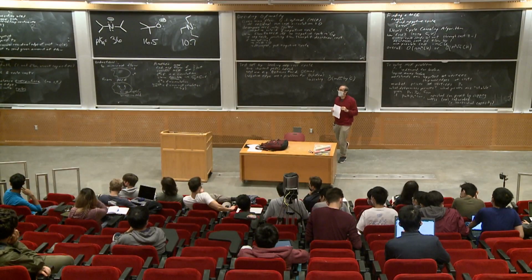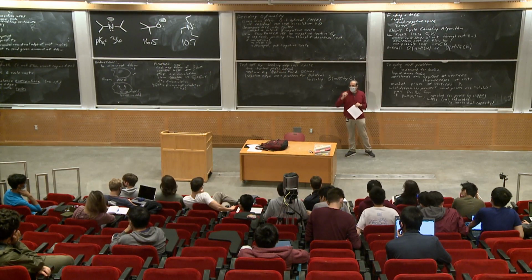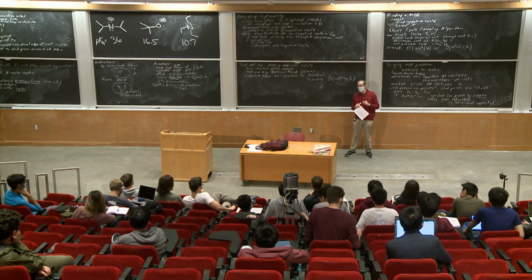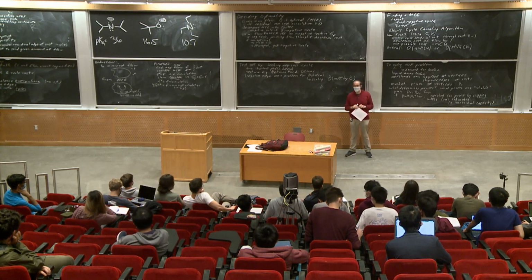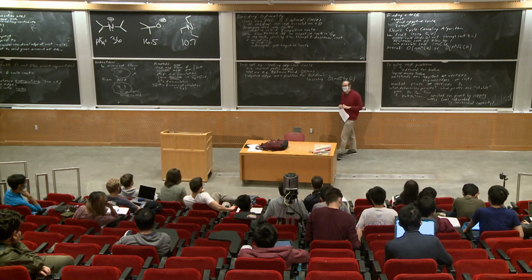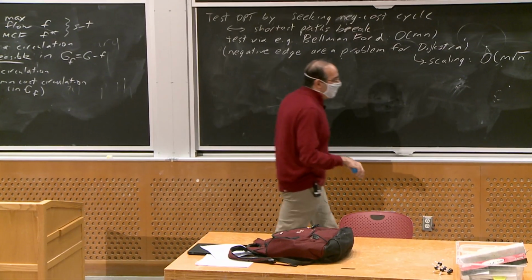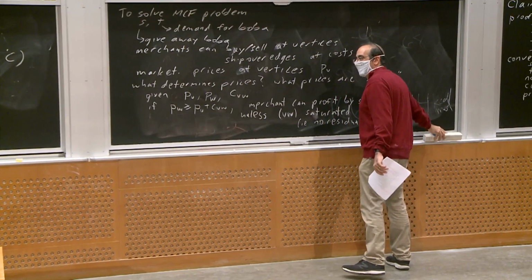Question? Sorry, do the shortest paths that we're talking about necessarily exist? No, and that was going to be my next question. Do the shortest paths necessarily exist? What I did was very intuitive, but we do have to worry about one little detail.